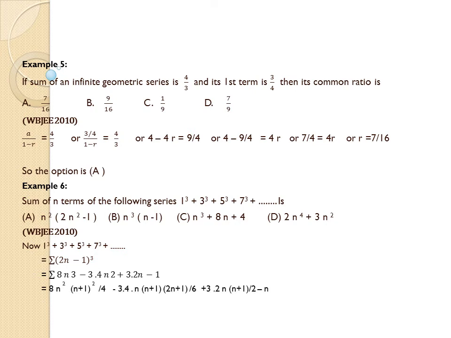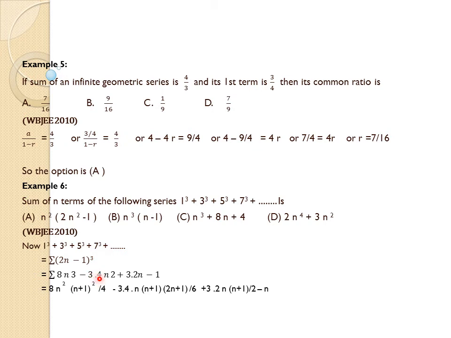It means 8 summation of n cubed. Summation of n cube means n cubed of the first n terms, that is (n into n plus 1 by 2) whole square. Similarly I have just divided this n cubed portion into n square, (n plus 1) square by 4.